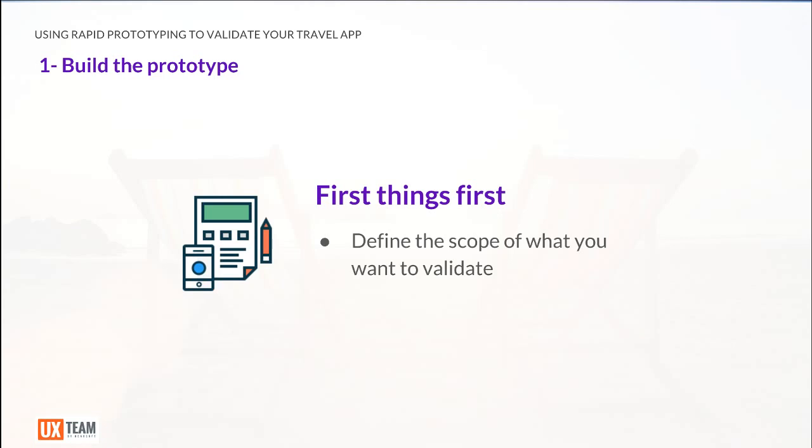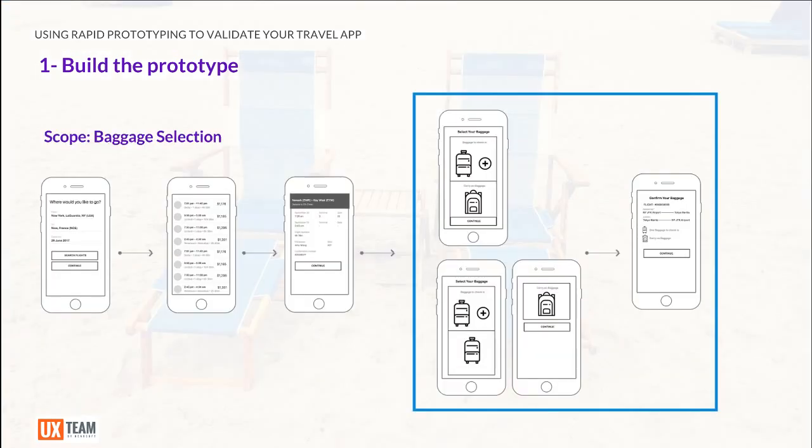Here on the screen we have the workflow to book a flight. We're going to select the scope, in this scenario, for the baggage selection only. So once we have that scope, we can continue to build the prototype.